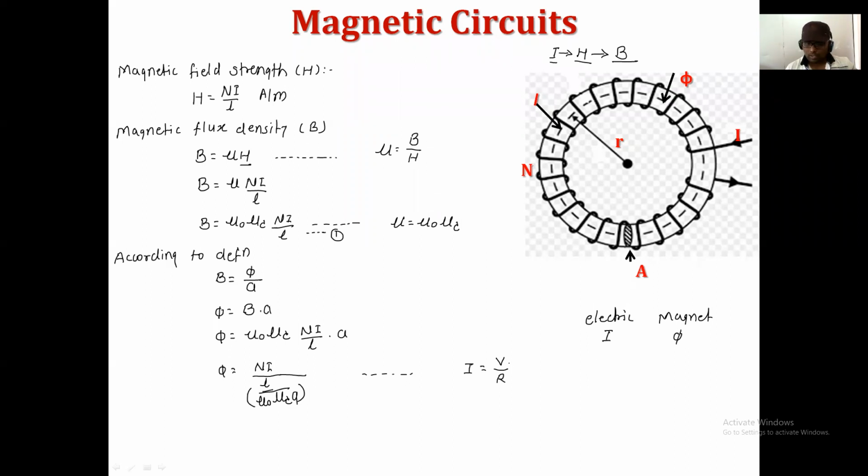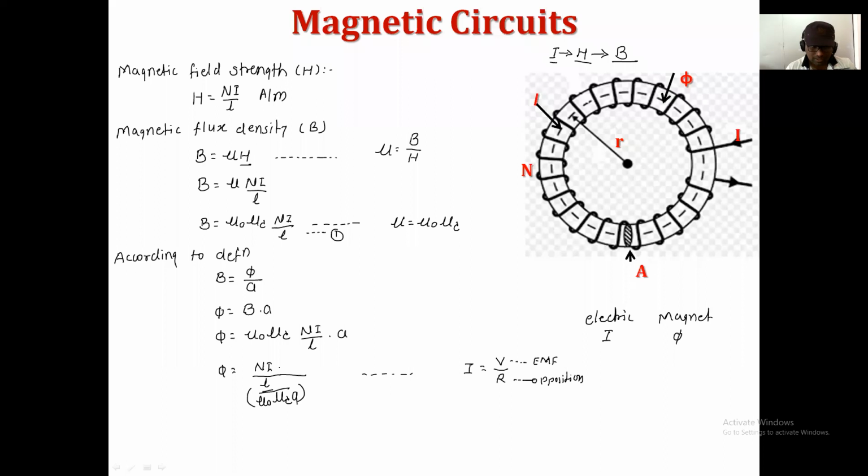Is it right? Now, V is called the electromotive force, EMF, and R is called the opposition. Now you just compare with this circuit here. This phi is analogous to that I.